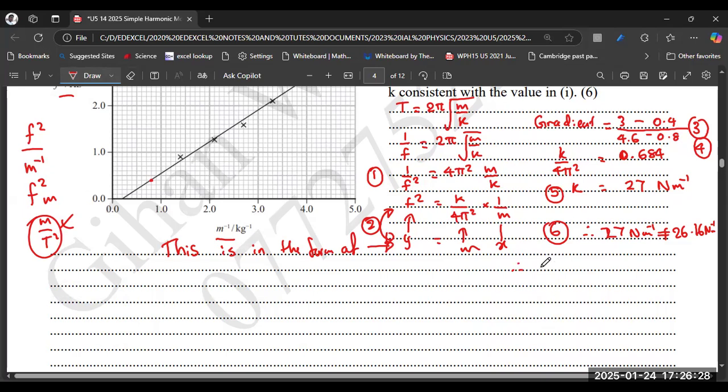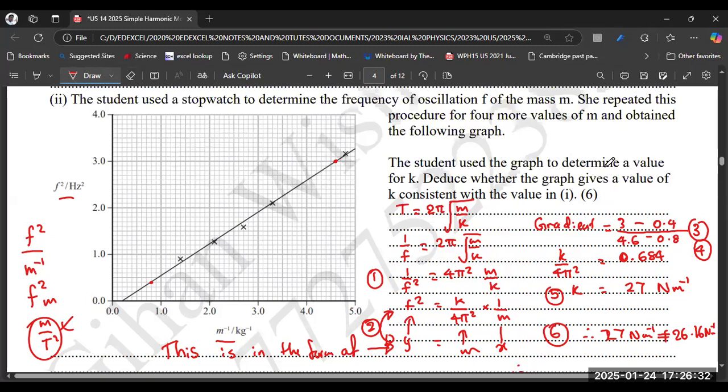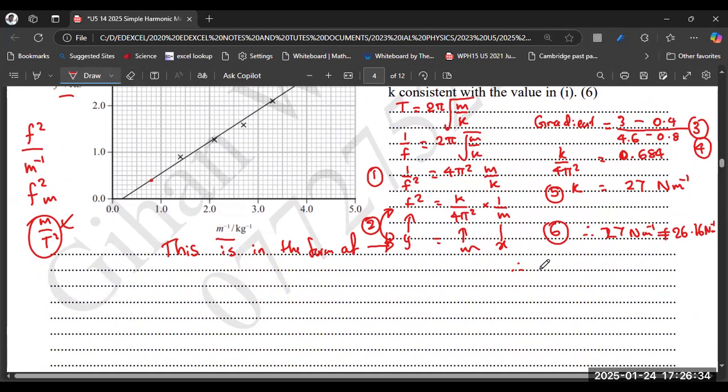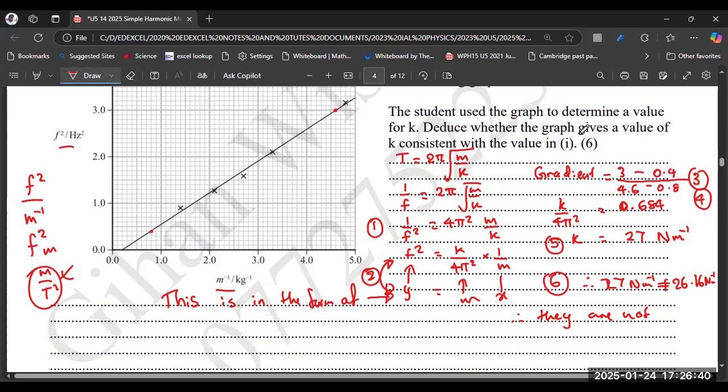Therefore, they are not the same. So always go for a conclusion from what you're finding. Unit 4, Unit 5, Unit 6, always go for a conclusion.